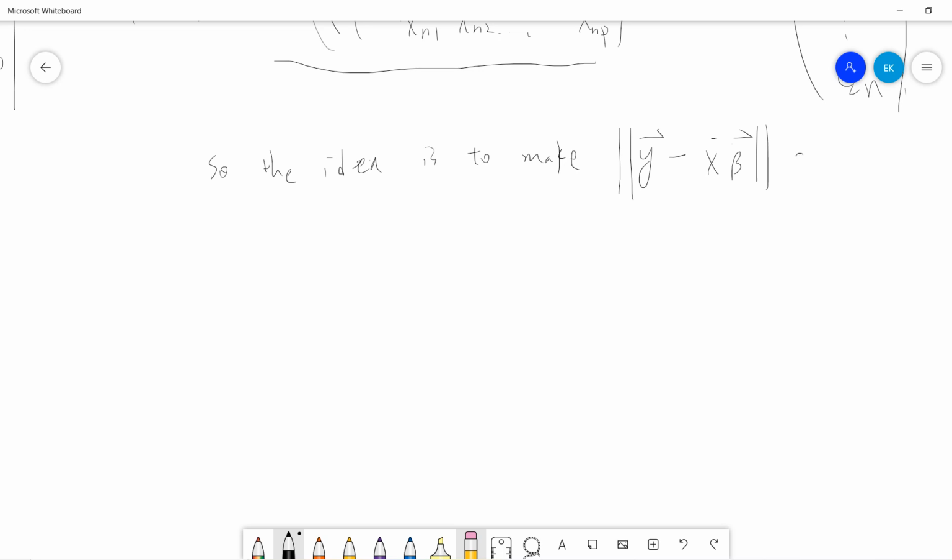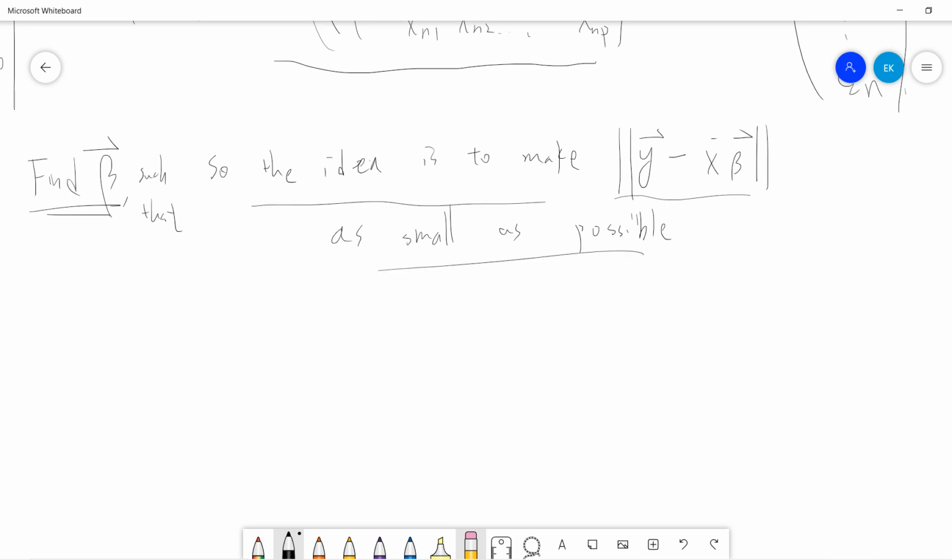I want to make this as small as possible, so find the beta such that this term is as small as possible.